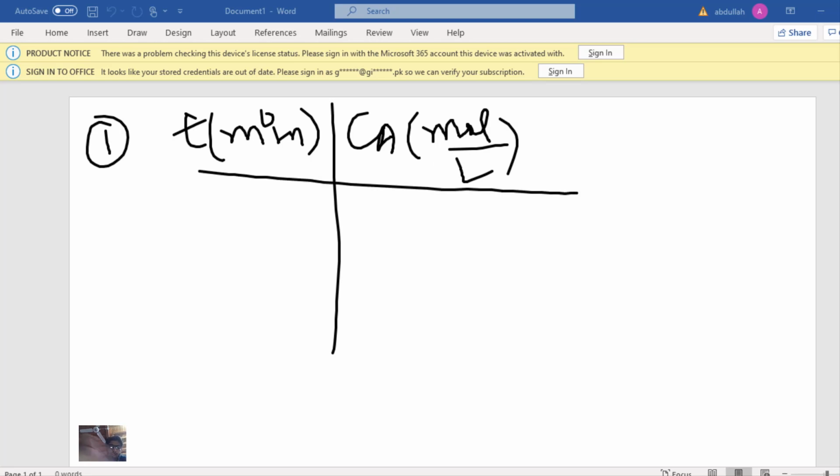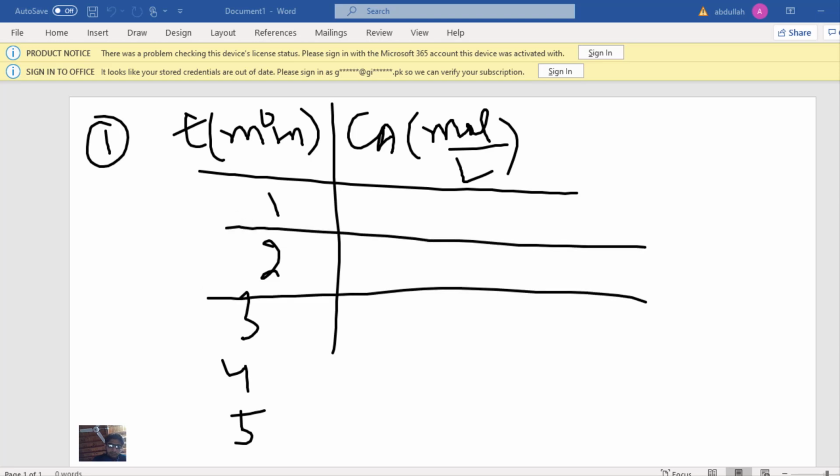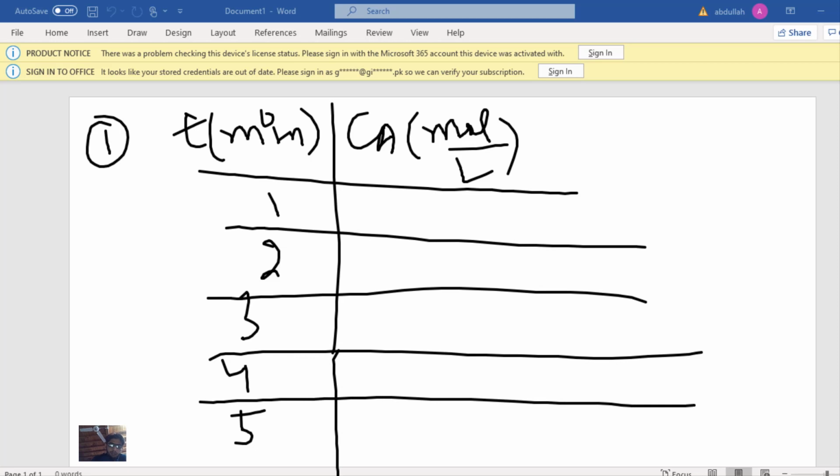So, for example, suppose the times are 1 minute, 2, 3, 4 and 5 minutes. Suppose the concentrations are 5, 3, 2, 1.5 and 1.